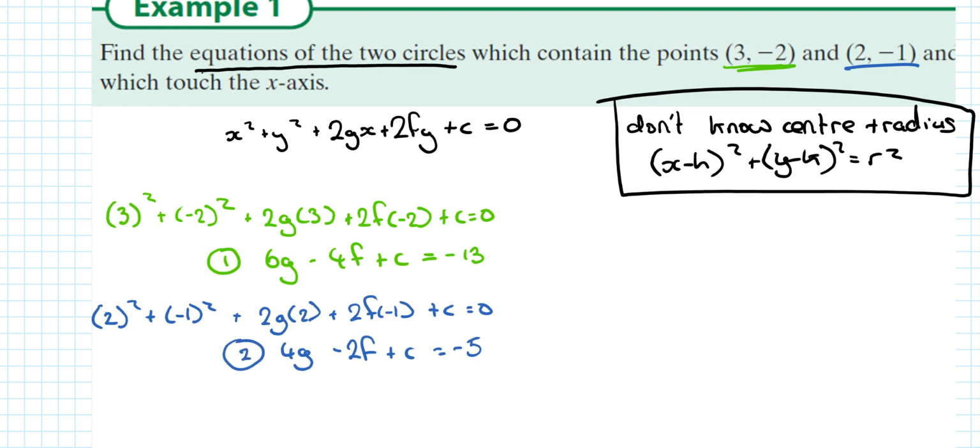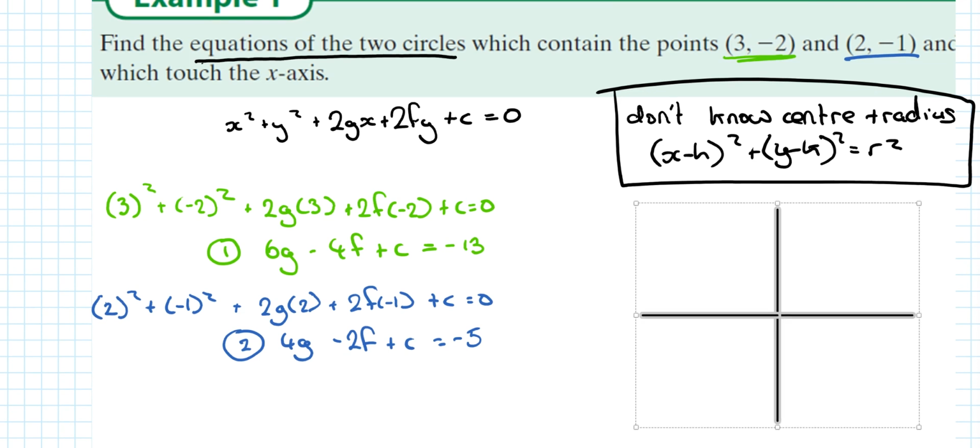Okay, fantastic. Now I have two equations, but I have three unknowns. Okay, so we can't really go too far because we have a g, f, and a c. We know it touches the x-axis. Okay, we know it touches the x-axis, so let's think of what this looks like.